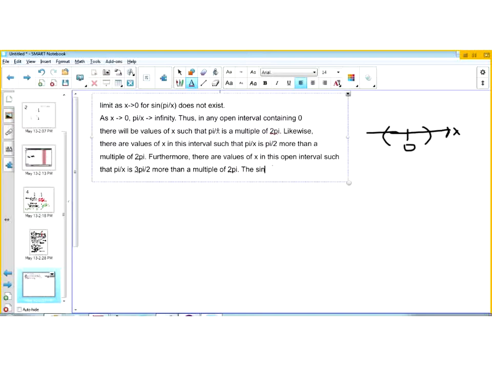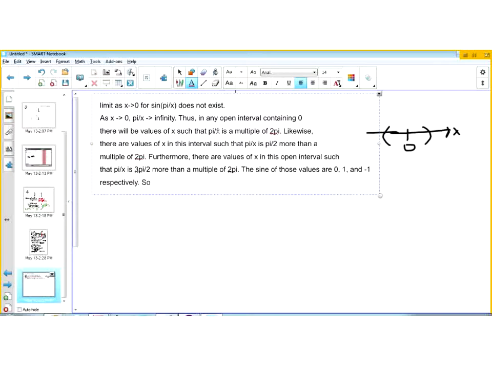Now, the sines of those values are 0, 1, and -1, respectively. Okay?